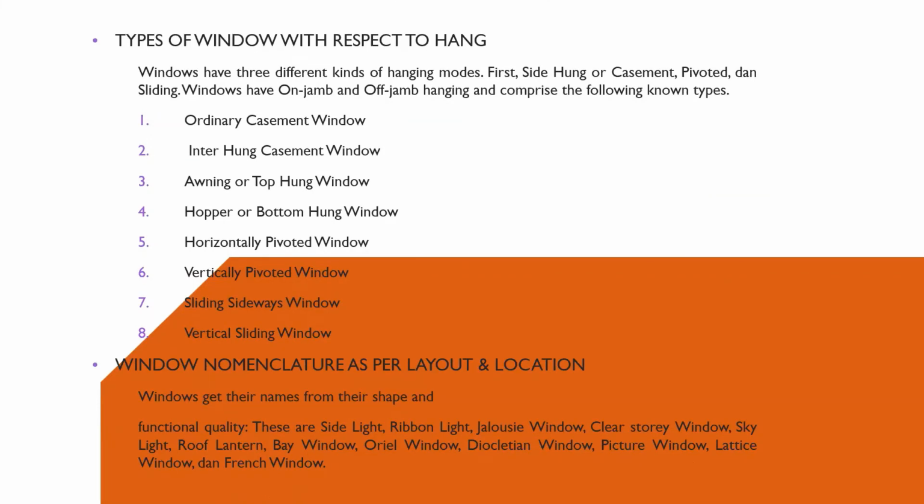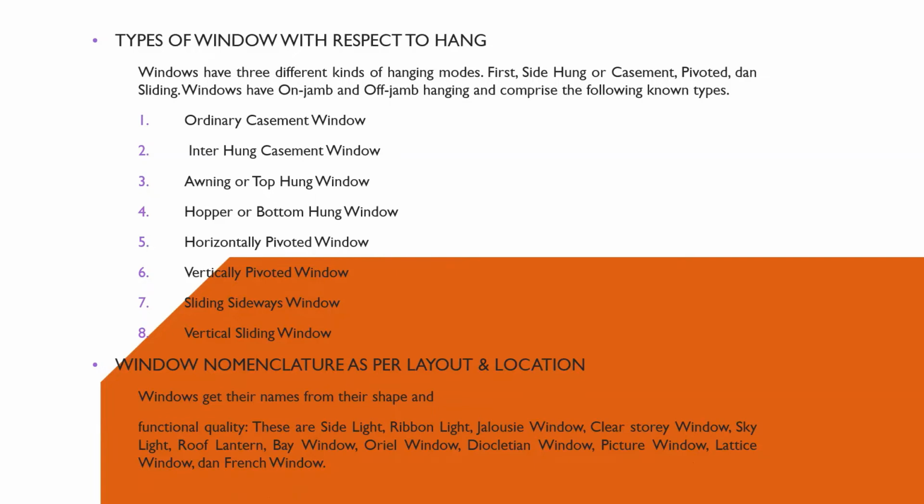Types of windows with respect to hang. Windows have the types of modern casement, pivot and sliding windows, and the following are the types. Number one, ordinary casement window. Number two, internal casement window.